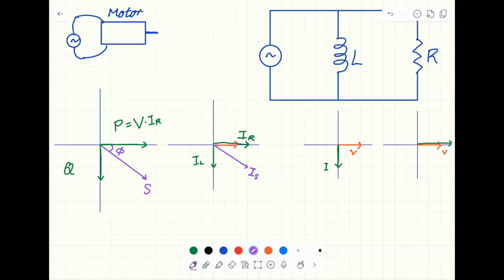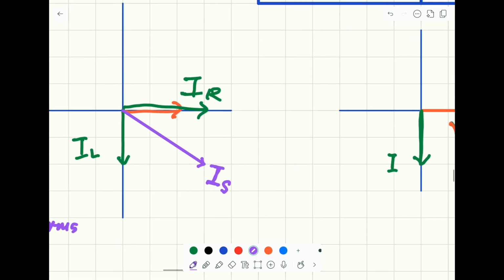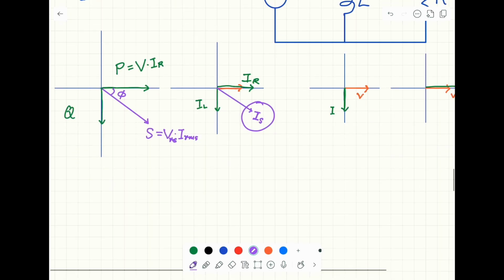Now the apparent power is equal to the voltage multiplied by the root mean square value, both root mean square of course, of the total current. It means the current, this part. The power triangle can be drawn as this. Now the question says it has a power factor of 0.7.